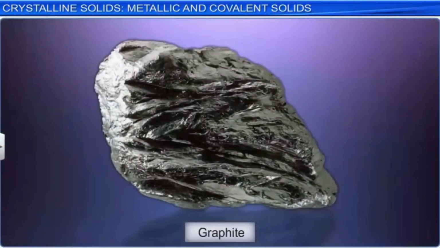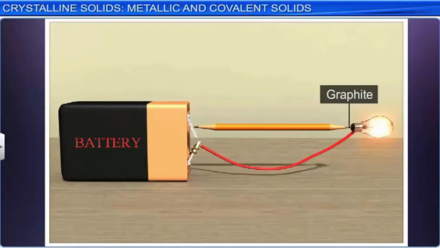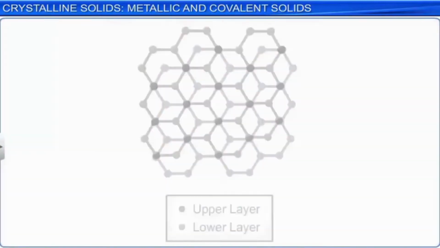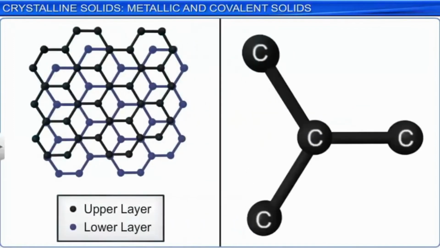On the other hand, graphite is an exceptionally good conductor of electricity and is extremely soft. In graphite, each carbon atom is bonded to 3 other carbon atoms, resulting in hexagonal rings, which, when repeated throughout a plane, form sheets or layers.